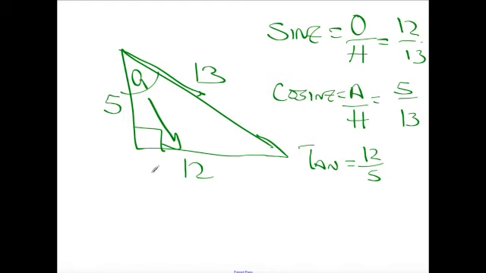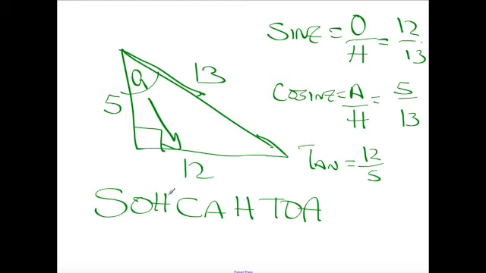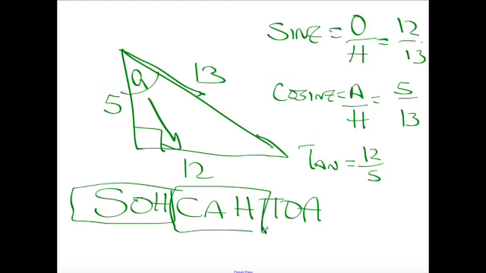The way to remember these relationships is a very, very well-known mnemonic, SOHCAHTOA. SOHCAHTOA breaks down to the three relationships: sine, opposite over hypotenuse; cosine, adjacent over hypotenuse; tangent, opposite over adjacent. SOHCAHTOA.